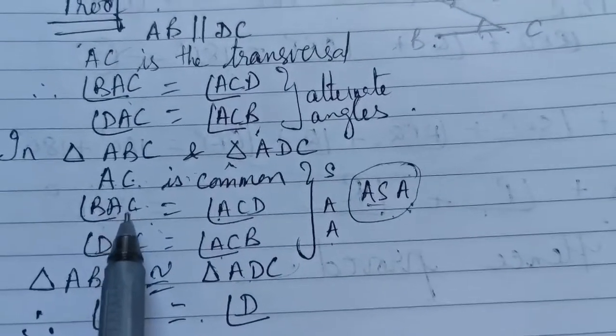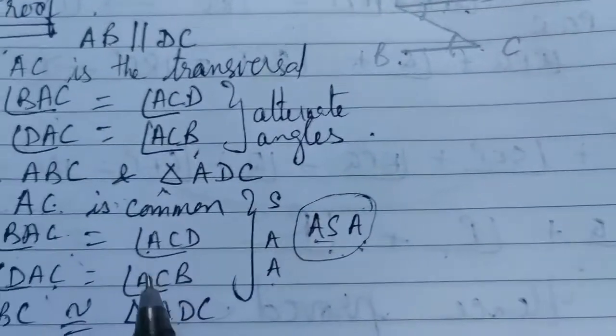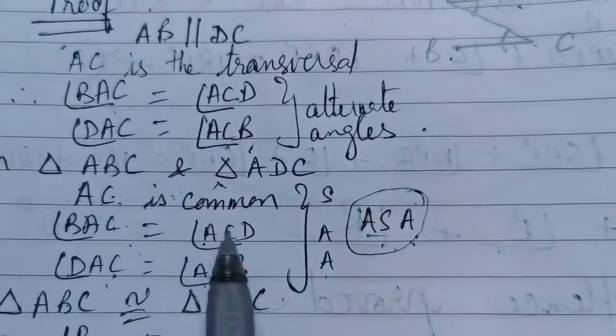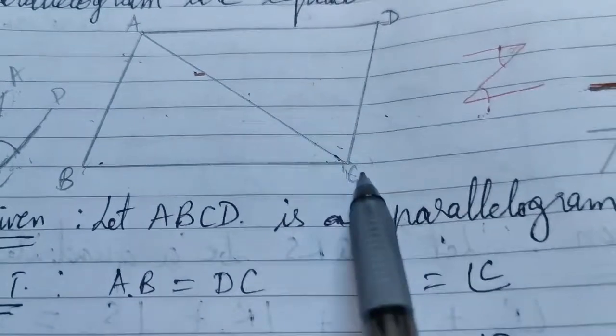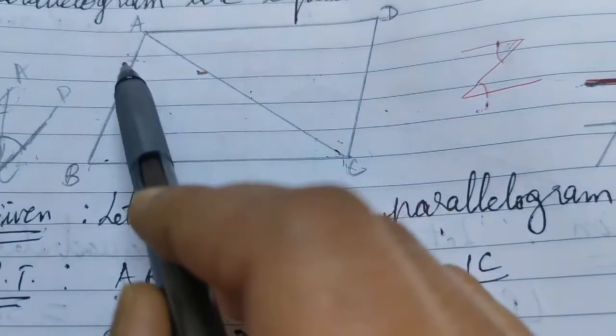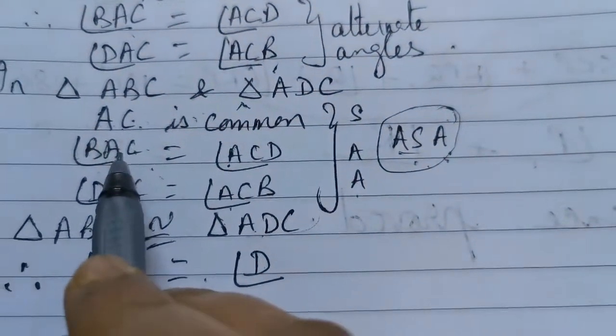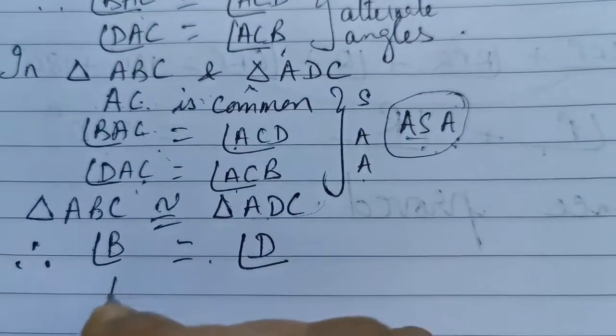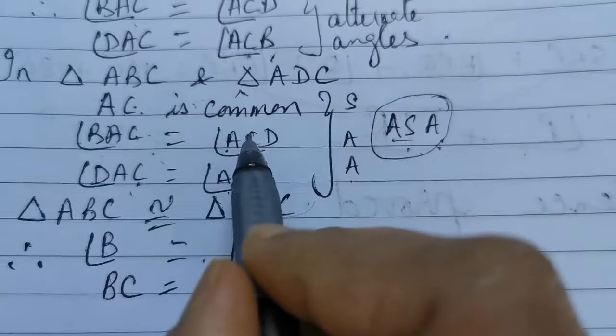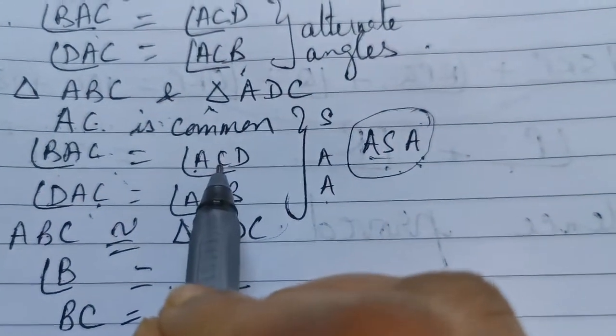What are the two sides? Let's check for the sides opposite to these two angles. BAC is here. The side opposite to that is BC. So the side opposite to angle BAC is BC. Let us check for the side opposite to ACD.